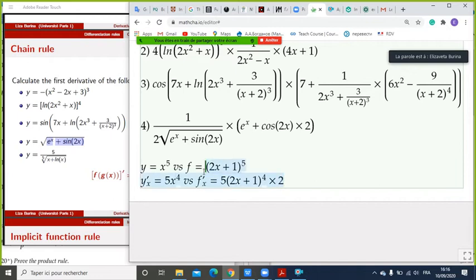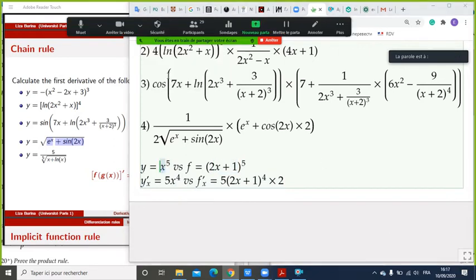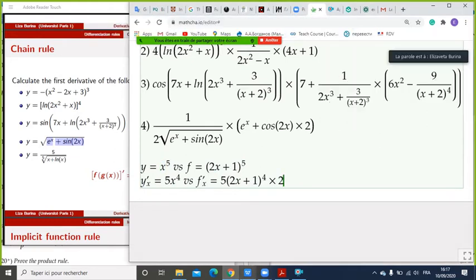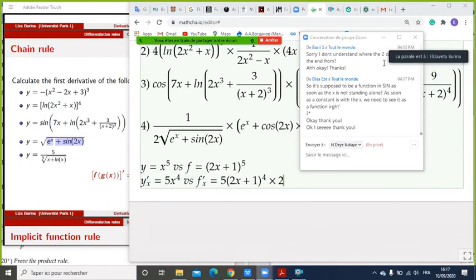But that's pretty much the difference between having an inner function like here and not having an inner function like here. Alright, perfect.